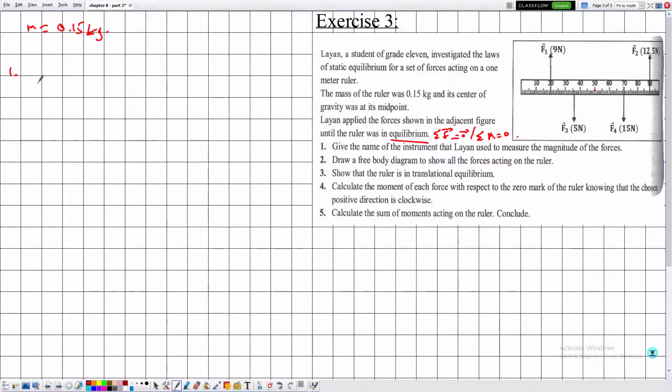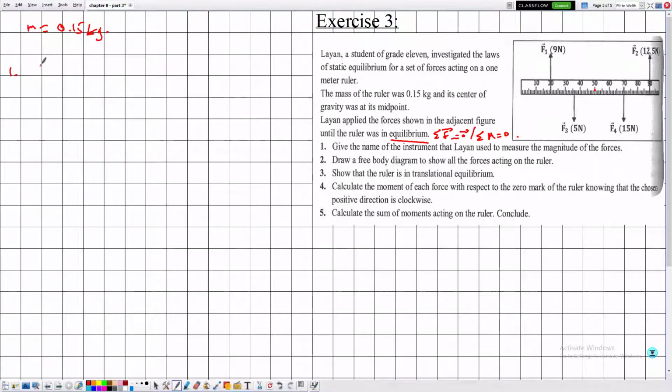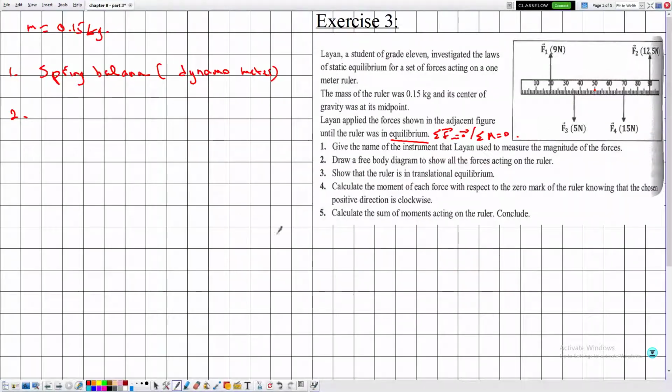Number 1, give the name of the instrument that Layan used to measure the magnitude of the forces. We know that the magnitude of the forces can be measured using a spring balance or dynamometer. Now in number 2, they are telling me to draw a free body diagram to show all the forces acting on the ruler.